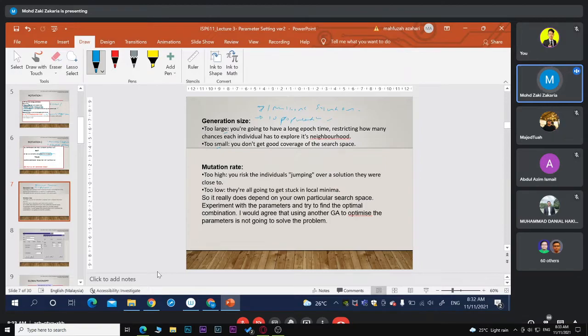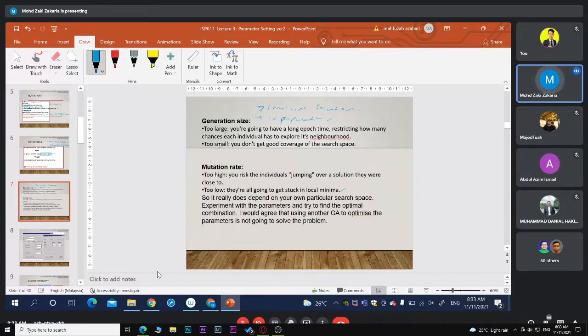How about mutation rate? If you put the mutation rate too high, you risk the individual jumping over a solution they are close to. That means it is difficult to find the optimal solution if the mutation rate is too high. But if it is too low, they are going to get stuck in a local minima.